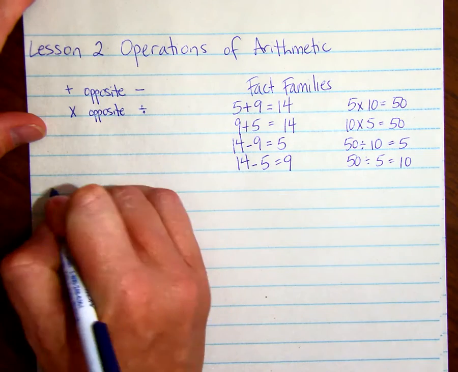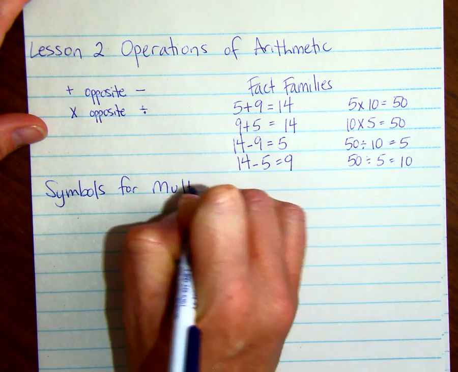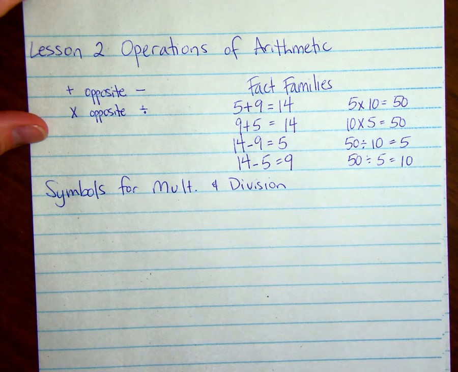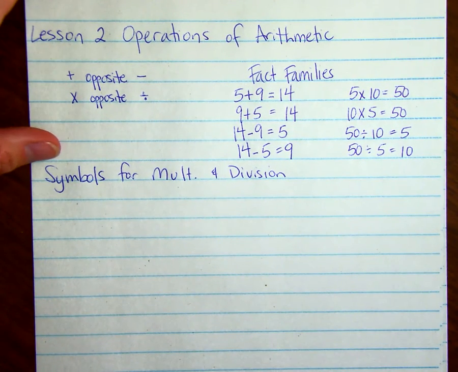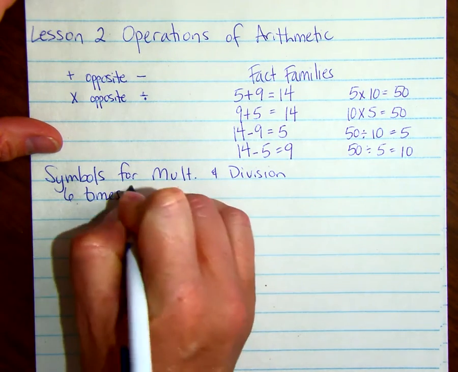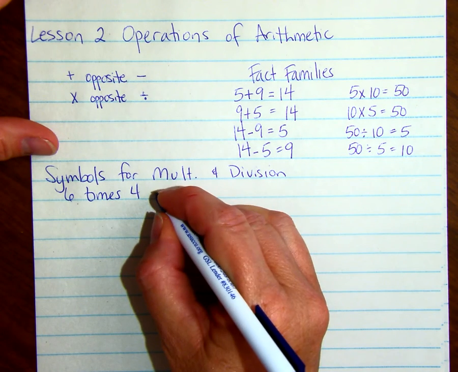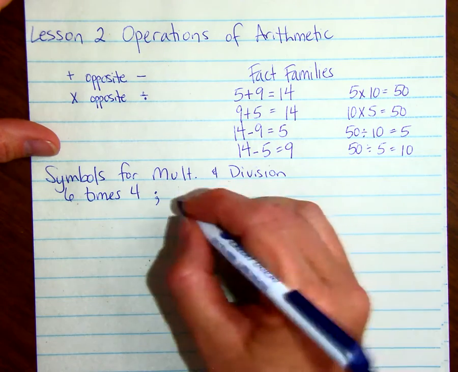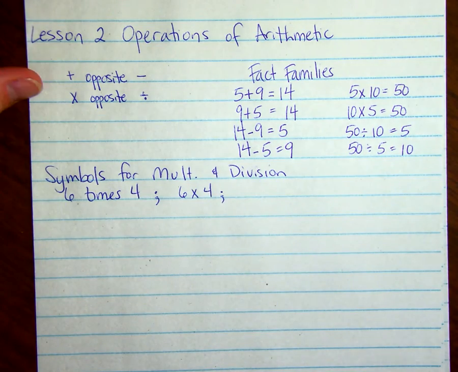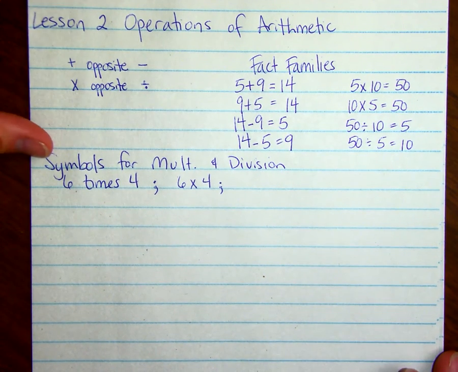We have different symbols for multiplication and division. If we want to write 6 times 4, we can use the word times. We can use a big times sign, like an X. The more we do algebra, the more we get away from the X, because that's a variable that we'll use when we do algebra.